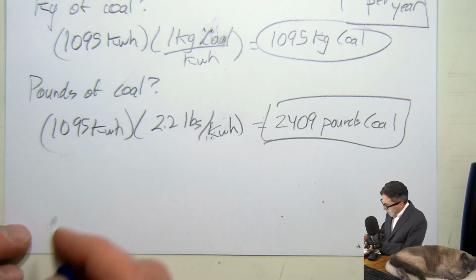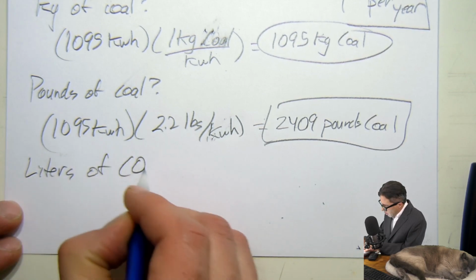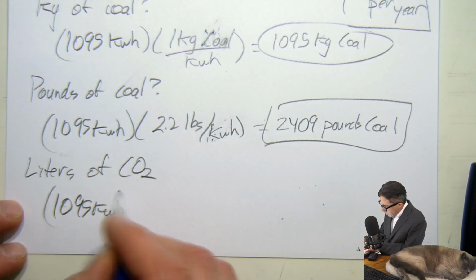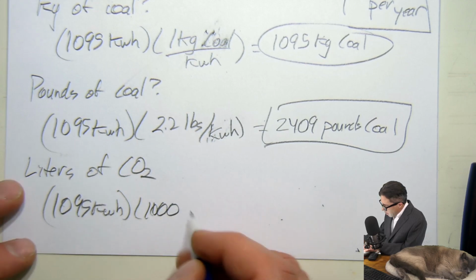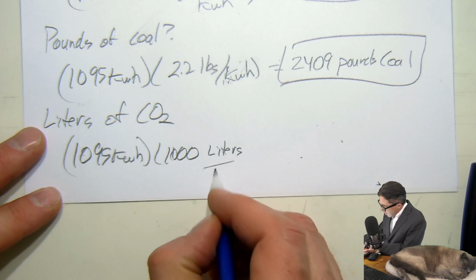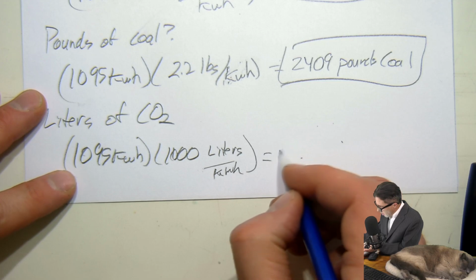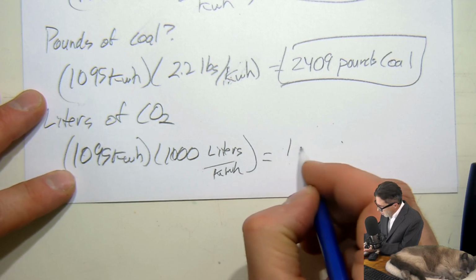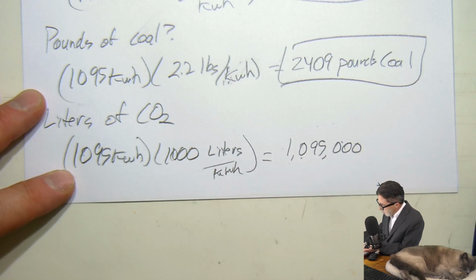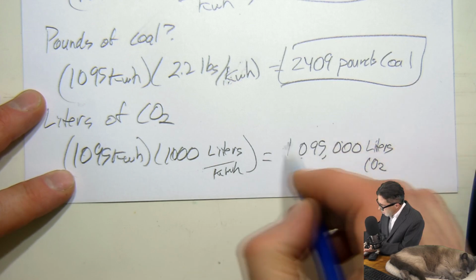Or what if I said, how many liters of CO2? I go back to my kilowatt hours and multiply that by 1,000 liters per kilowatt hour, and I get 1,095,000 liters of CO2.